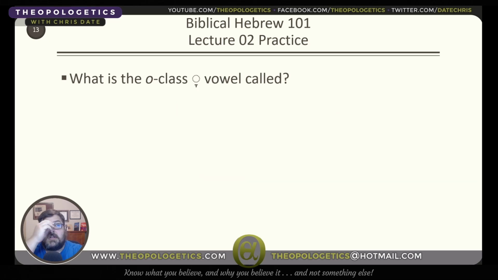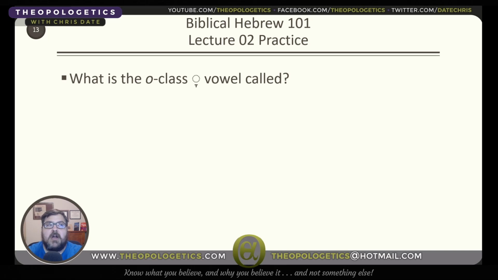What is the O class, the little t under a consonant? When that's an O class vowel, what is it called? What is it called when there's an A class vowel that is a little t under the consonant?